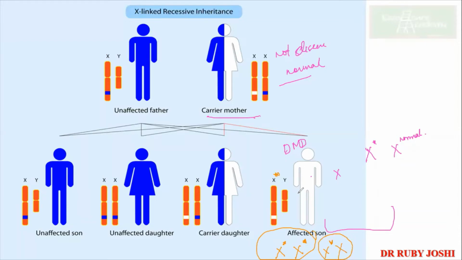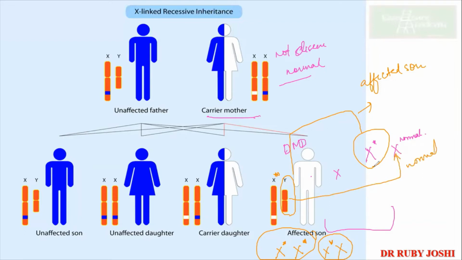And then again you can have X and Y. So again you're going to have an affected son and a normal son. Sorry, that's Y and normal. So the chances is that you are going to have the affected son and affected daughter.